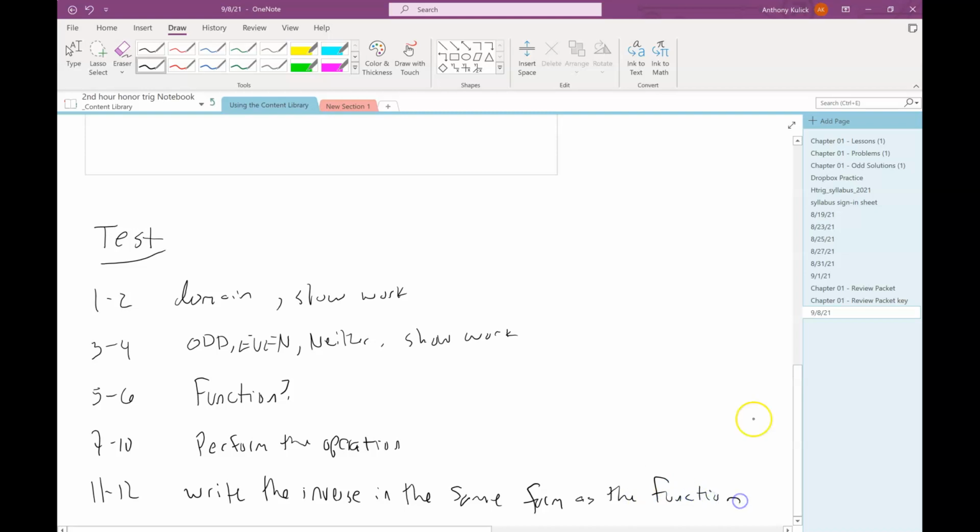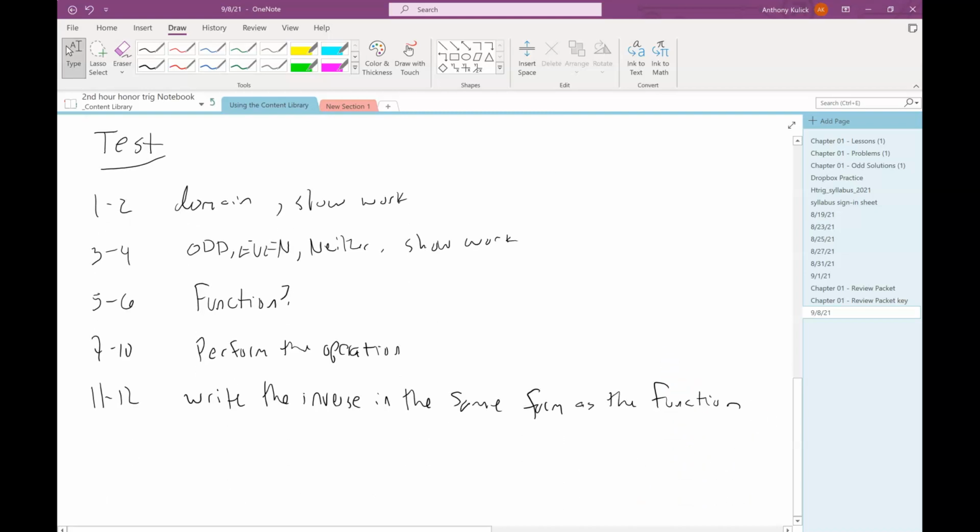So you'll have 2 questions where I ask you to write the inverse in the same form as the function. So if I give you a graph, the inverse that I'd want back should be a graph. If I give you an equation, the inverse you give me back should be an equation. If I give you a mapping diagram, the inverse you give me back should be a mapping diagram, etc. Is that okay?